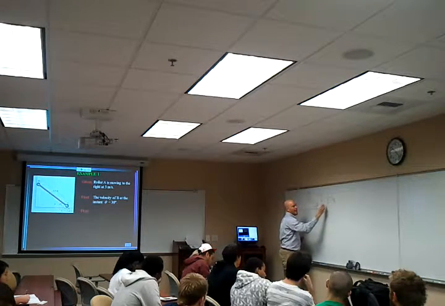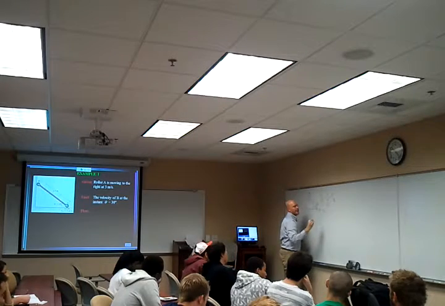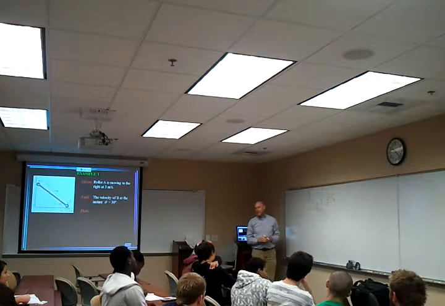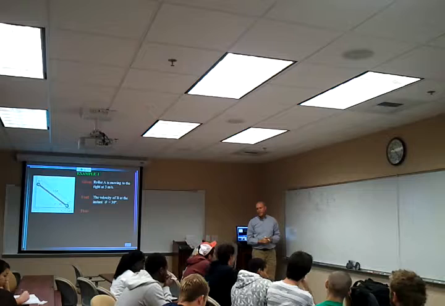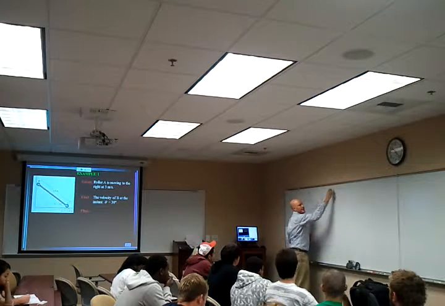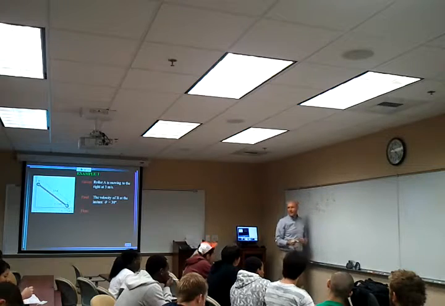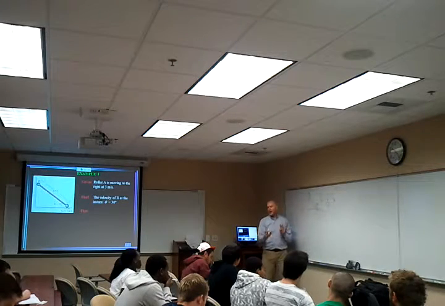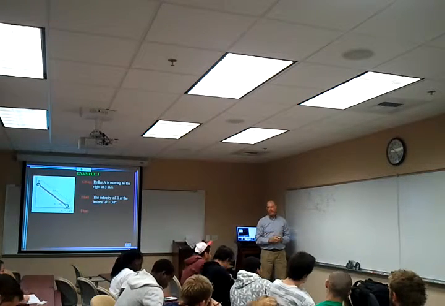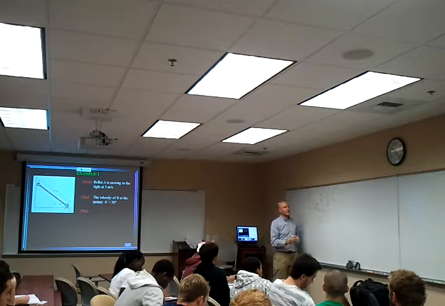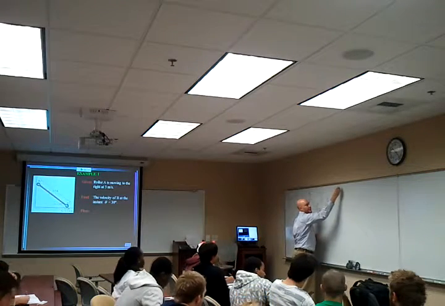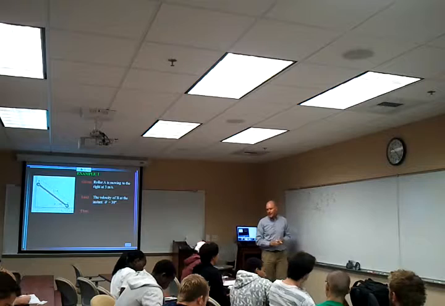VA is going to the right at 3 meters per second. What about VB with respect to A? Relative velocity, magnitude is r omega. Relative velocity is always r omega. What direction? Perpendicular to the radius.